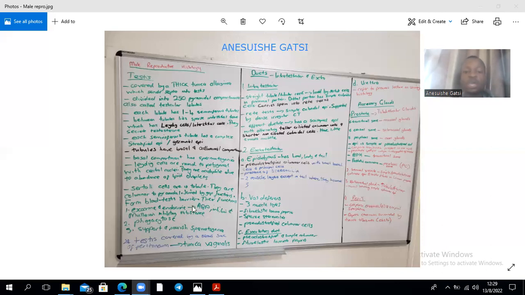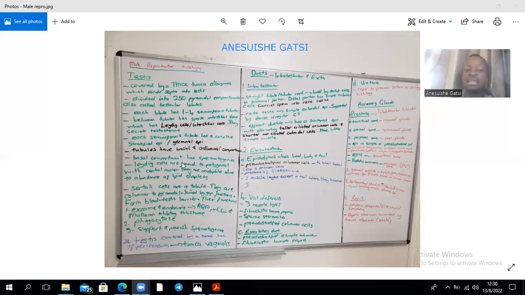Each seminiferous tubule is approximately 50 centimeters long, and those tubules can range up to 80 centimeters in length. Width-wise, depending on the text that you use, they range from about 150 to about 250 micrometers in diameter.